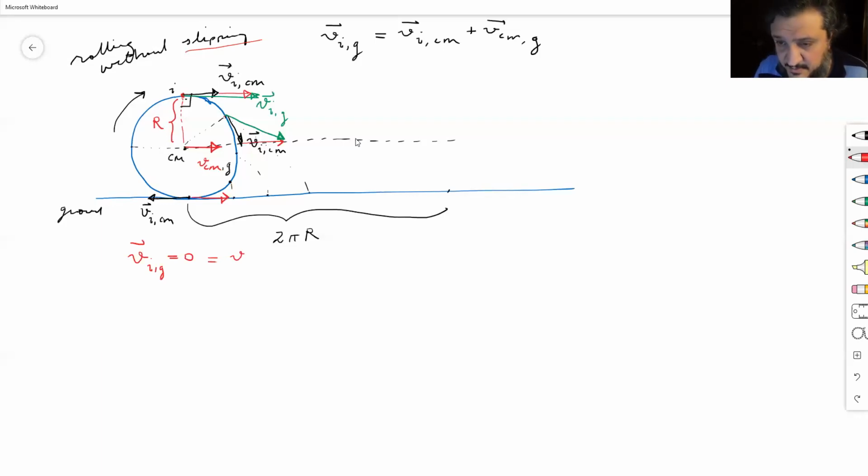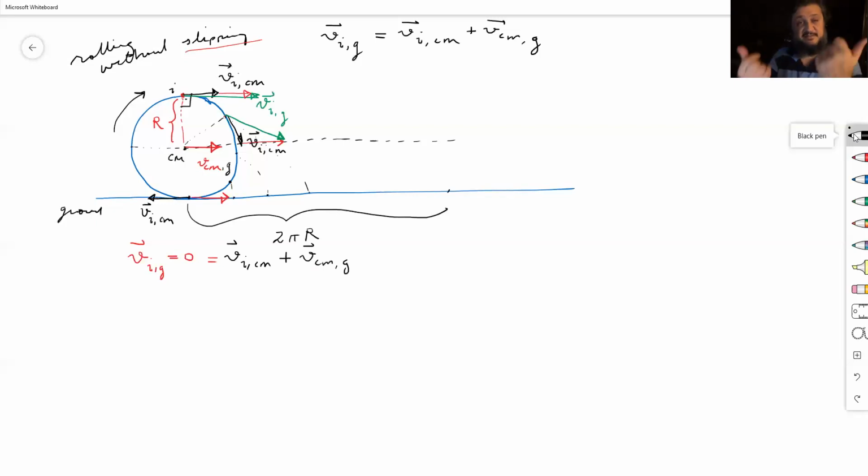So it's going to be really obvious, right? VICM plus VCM with respect to G is equal to 0, which means these two actually have the same magnitude but opposite directions, right? So VICM is equal to negative VCMG, only for the bottom part.